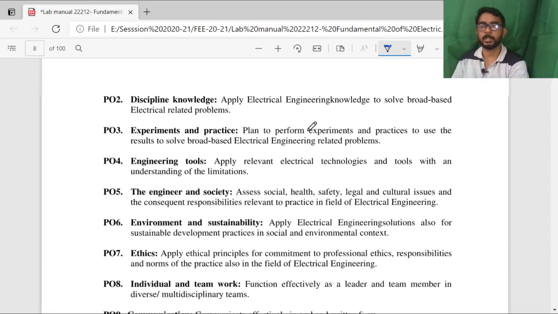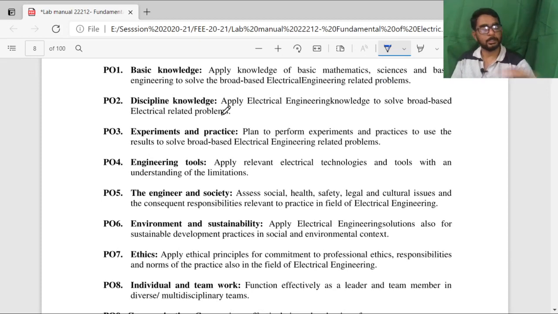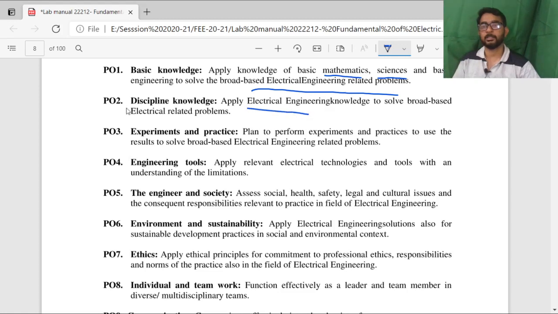Look at these. First, basic knowledge: after completing this practical course, the student will be able to apply the concepts of mathematics, science and engineering to solve broad-based engineering problems. He will also be able to apply electrical engineering knowledge, that is the discipline knowledge.